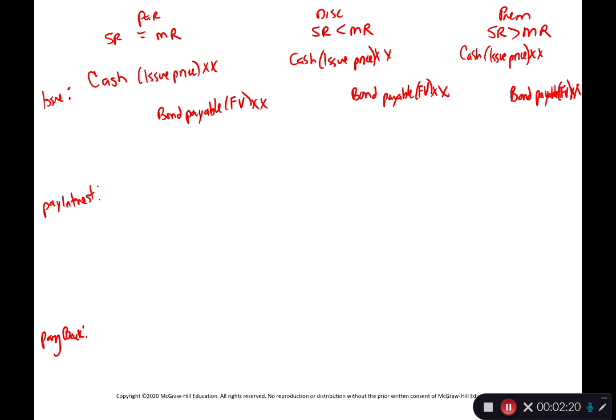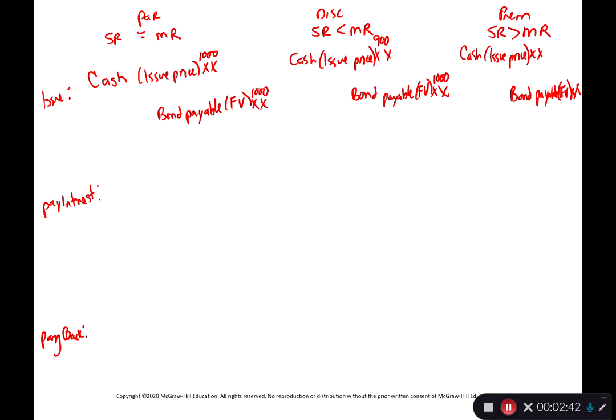If we're issuing the bond at par, there's no discount or premium, so the amount of cash we get and the bond payable amount is the same. So I'm just going to use 1,000 as an example. When we issue a bond at a discount, the bond payable is still going to be 1,000, but we have to sell it for less than the 1,000 because it's a discount. So let's say we sell it for 900.